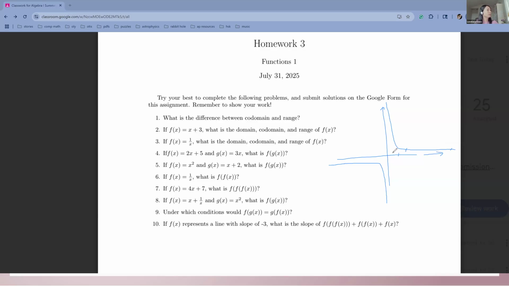But for fractional x, as x gets closer to 0, 1 over x gets bigger, right? So for example, if you have 2/3 and 1/3, 1 over 2/3 is going to be smaller than 1 over 1/3. And then that continues.